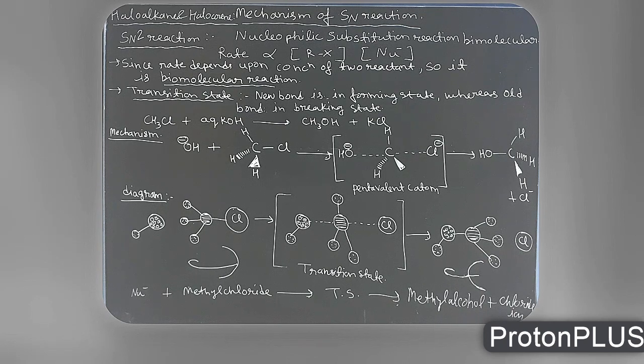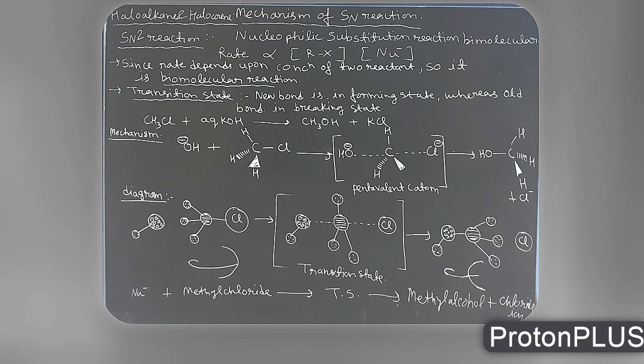As you can see from this transition state, which we have drawn in square brackets, the new bond between carbon and oxygen atom is in the forming state, shown by a dotted line, and the old bond between carbon and halogen atom is in the breaking state.